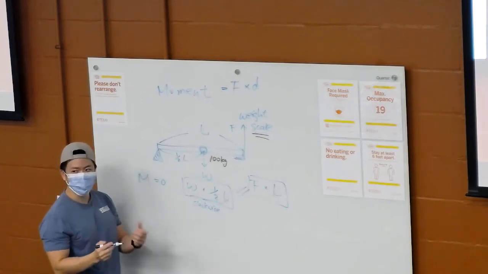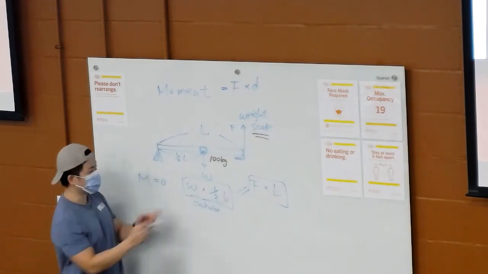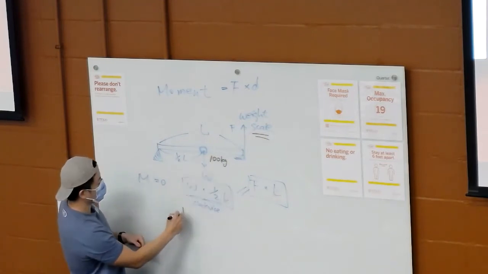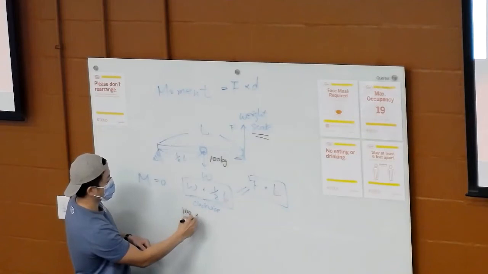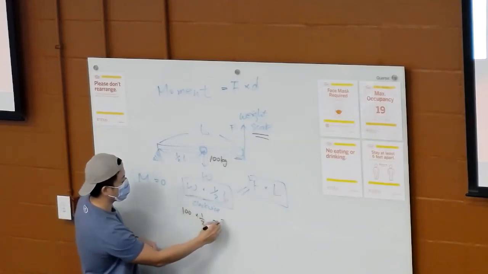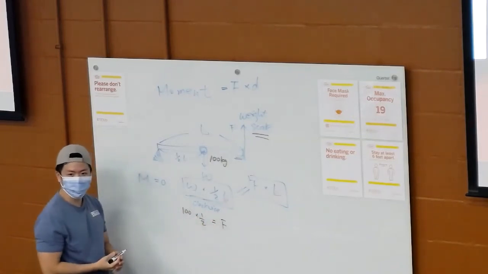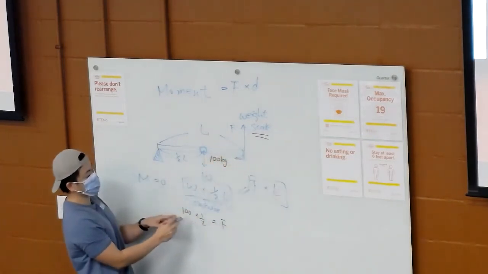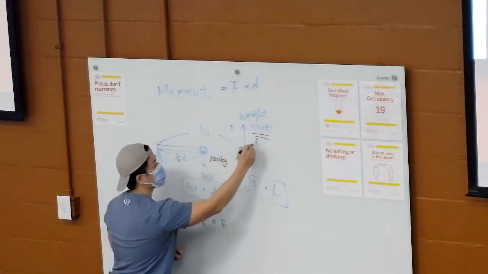Will it be 50 or 200? We'll put it in the equation: 100 kg times 1/2 equals F. So F is the scale reading. That'll be 1/2 times 100, that'll be 50.